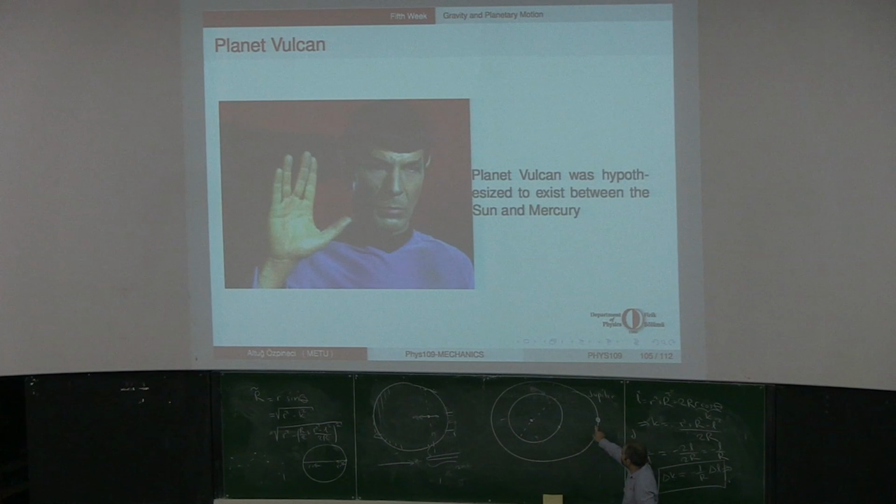Now, if you look at the gravitational force acting on the Earth, there is the attraction of the sun, which should result in an elliptic orbit, but there is also the gravitational attraction of Jupiter. There is a perturbation on the orbit of the Earth caused by Jupiter. And for an ellipse, this axis is fixed.